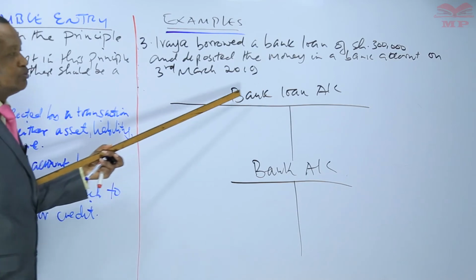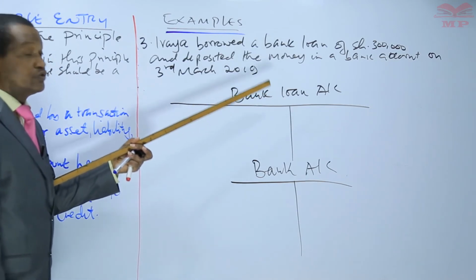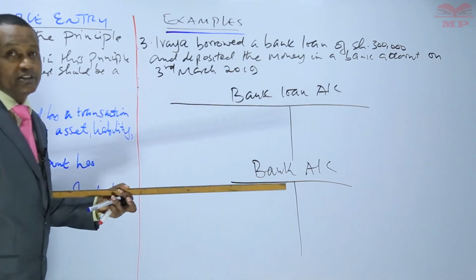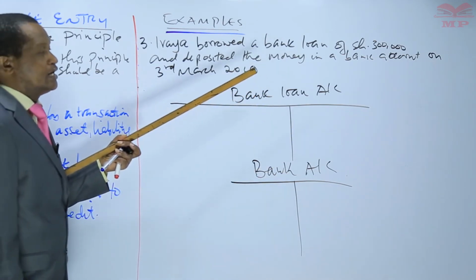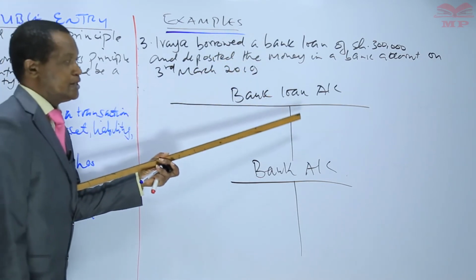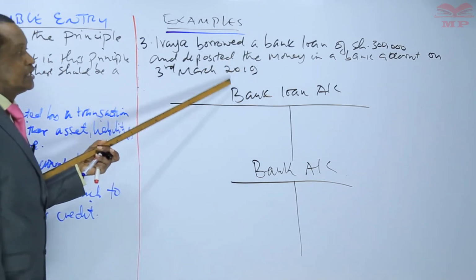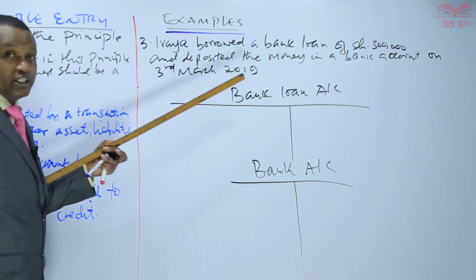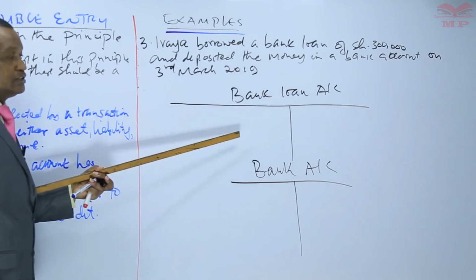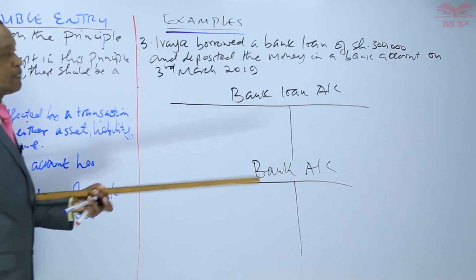Loan, when you borrow money from a bank or from any institution or from an individual, then that loan becomes a liability. Liability means that Iraya has an obligation to pay because he borrowed. This is not his money. He's liable to pay. So that is a liability.